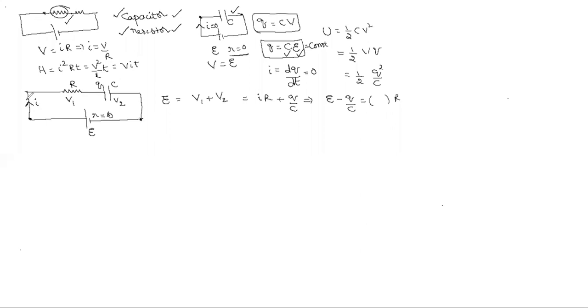Here I is continuously changing, because the capacitor is not allowing the flow of current, so Q is varying. So I and Q are variables here.